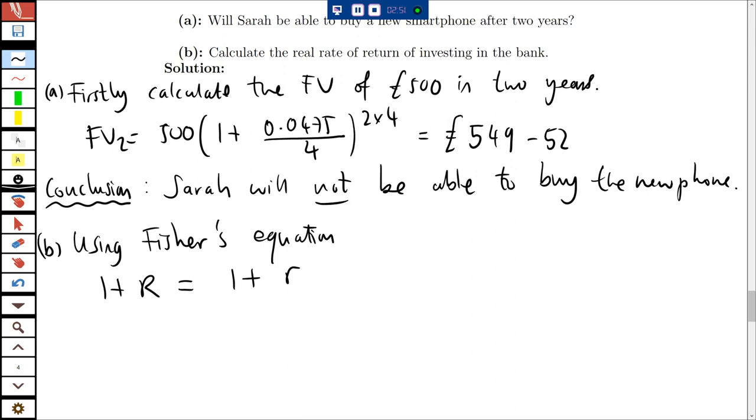If we're going to use annual compounding, it'd be the nominal rate. Anything else, we need the actual interest you get in your hand, so we need the effective annual rate. Okay, so we take what you actually have in your hand and we discount it by inflation. This is Fisher's equation.